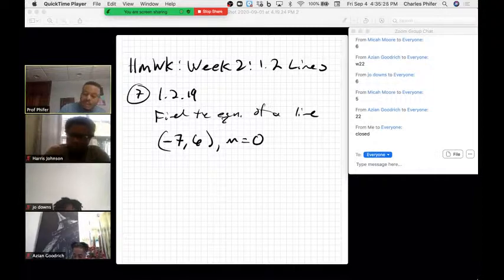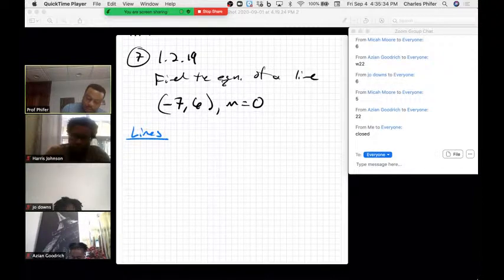So let me mention this. Whenever I work with lines, I like to have the following 3 equations ready to go. The first one is the slope formula: slope is y2 minus y1 over x2 minus x1.